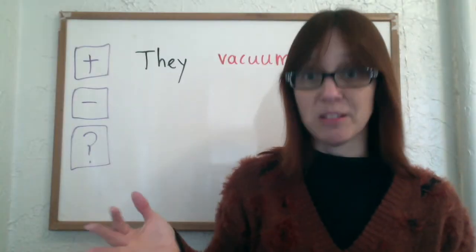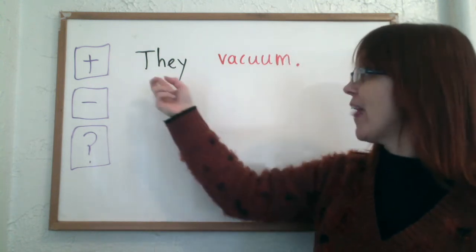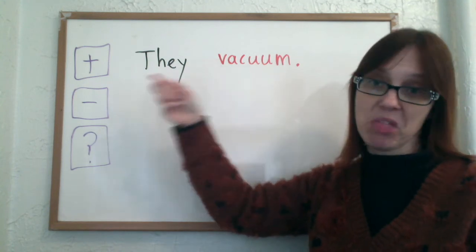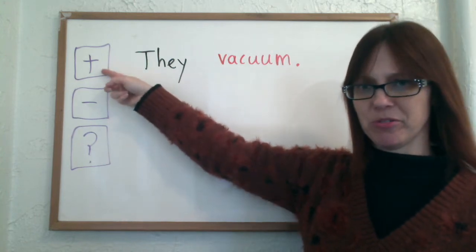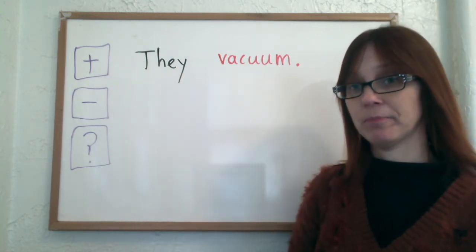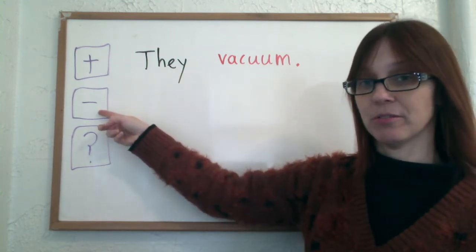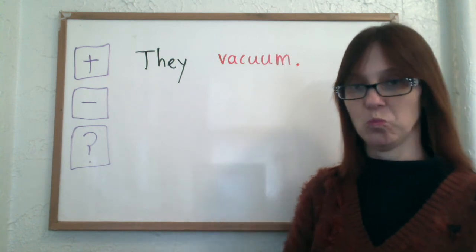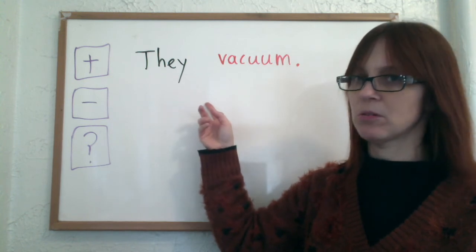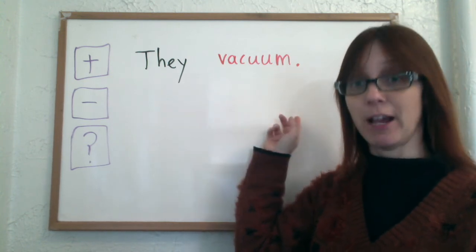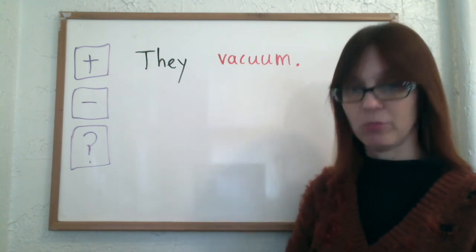So now we can practice with the three forms. For example, they vacuum. This is affirmative. They vacuum. How do I make it negative? What do I say? They don't vacuum.